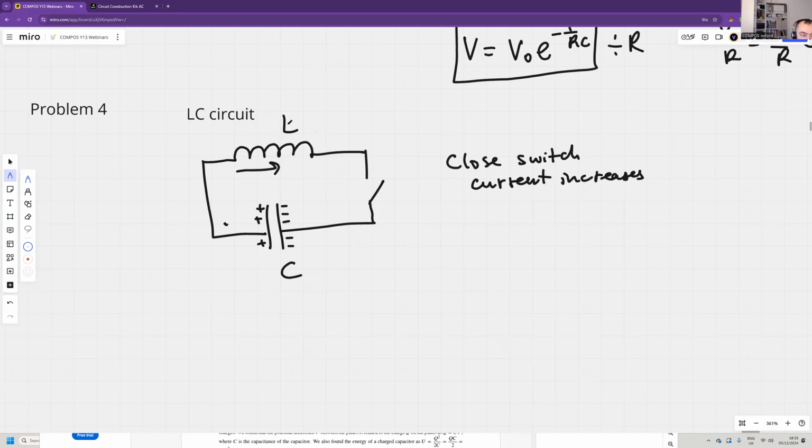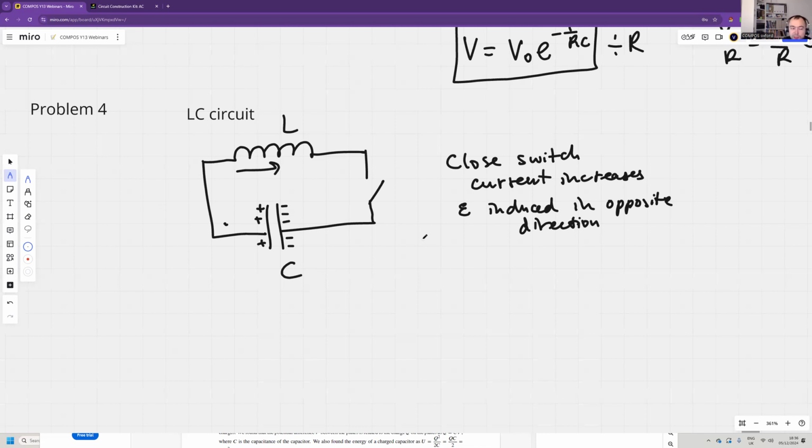The induction coil will try to reduce that current. EMF is induced in the opposite direction. But now, once the capacitor is discharged, there's no more voltage to push the current forward.